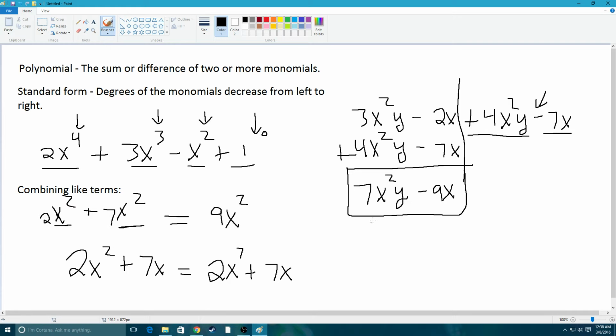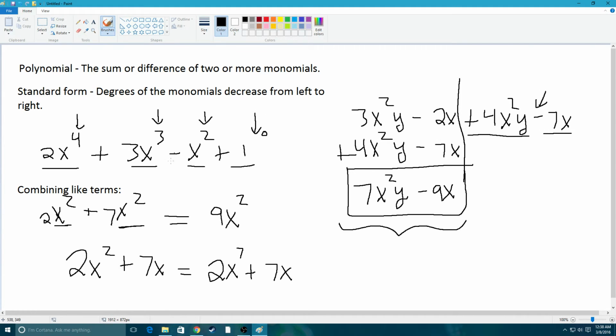But now that we have more than one monomial here, there's 2 of them in this polynomial. How can we tell what the degree is if there's 2 separate ones?